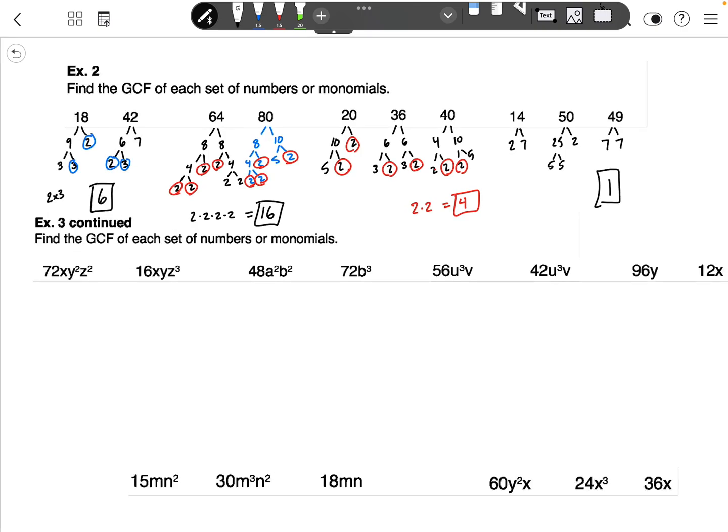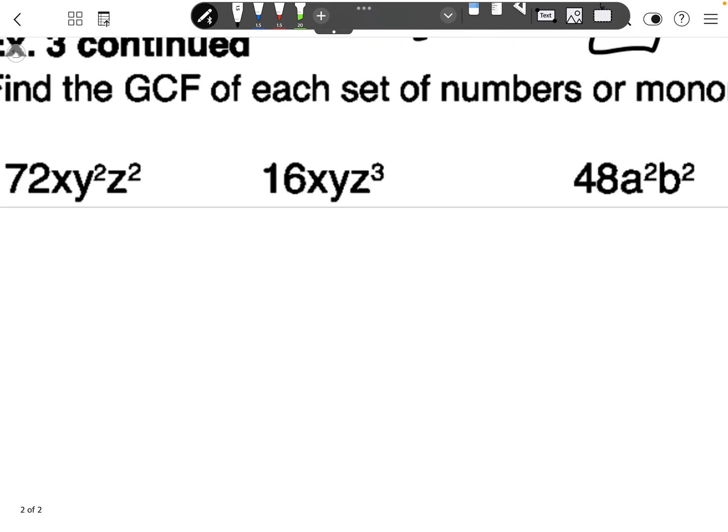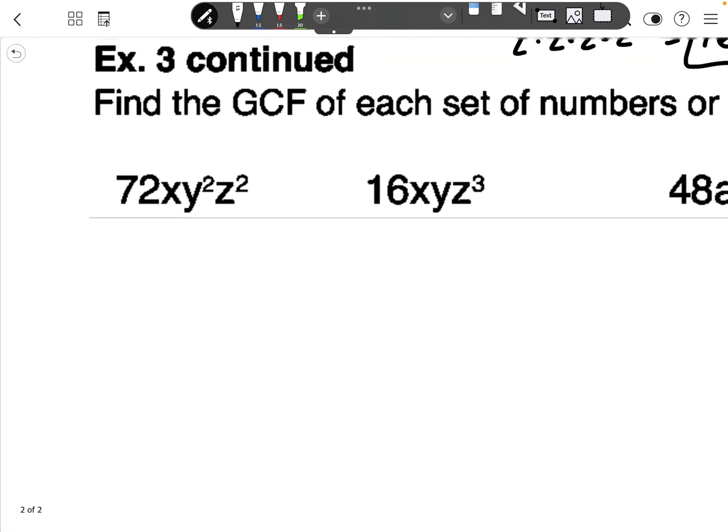All right, so we can do the same thing with variables. So I'm just going to break down my 72 and my 16. 72, we could start with 36 times 2. 6, 6.